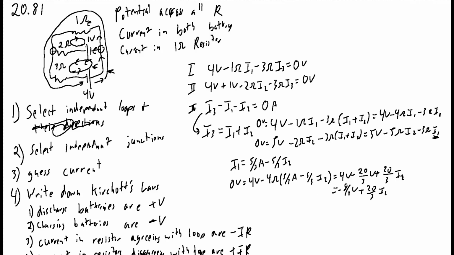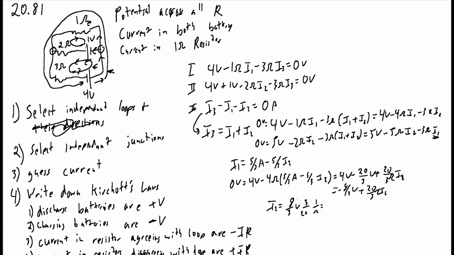Okay. Throw that to the other side and multiply by 3. We need an ohms on that, right? Yeah, ohms goes there. And so an ohms goes here. So now I have that I2 is equal to 8 thirds volts times 3 over 20, 1 over ohms, and that'll give me an amp.